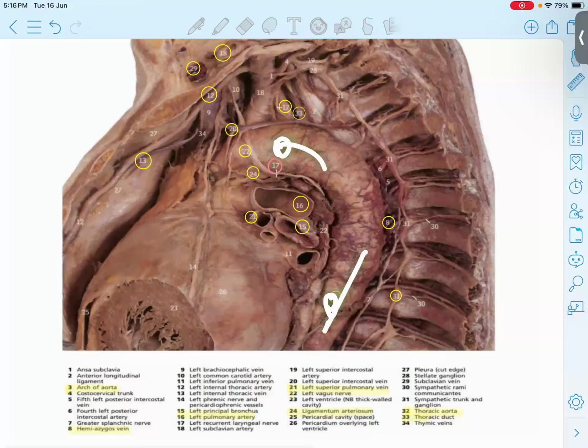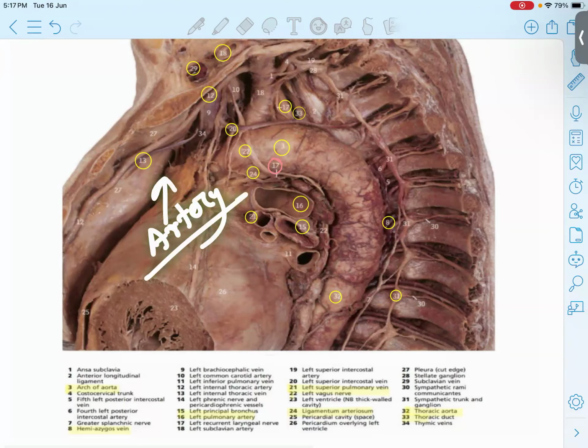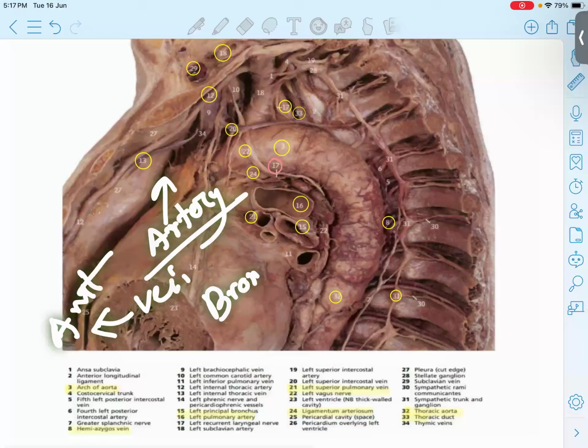Okay, these two parts. Then come to this lung root. We will discuss it in detail when we discuss the lung topic. But here I will show you tips. Always remember, in the lung root, you will get the artery superiorly, you will get the vein anteriorly, and you will get the bronchus posteriorly.